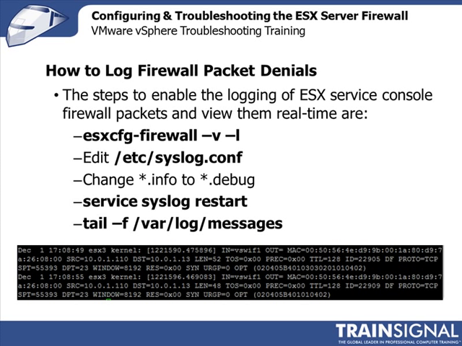To do this, we edit syslog.conf and change the info line to debug, then we'll restart the syslog service. Finally, we can use the tail command to tail the var log messages file. Or if you're using a syslog server, you would go, of course, to the syslog server, and you'd find the firewall packet denials there. So at this point, let me go over to my SSH client connected to my ESX host, and let's give this a try.